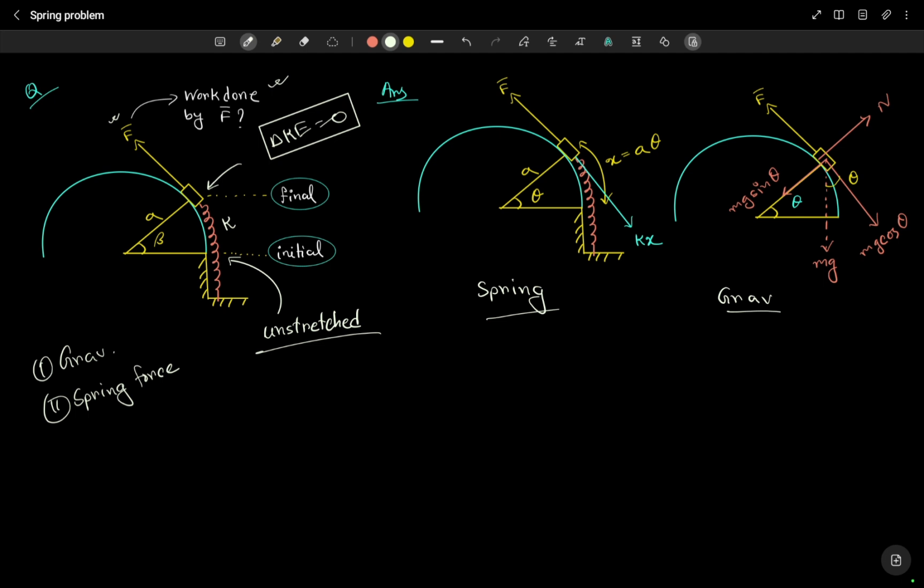If we try to look at the spring force, then we need to find the displacement from the initial position, meaning the unstretched position.